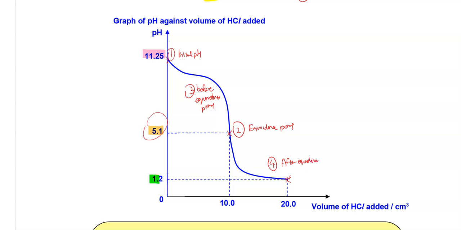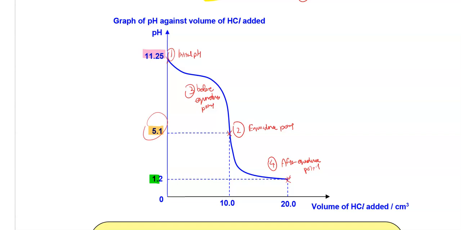You can pause this video now and annotate the identity of the key species at these 4 points, which will give you a clue of what formula you can use to calculate the pH.